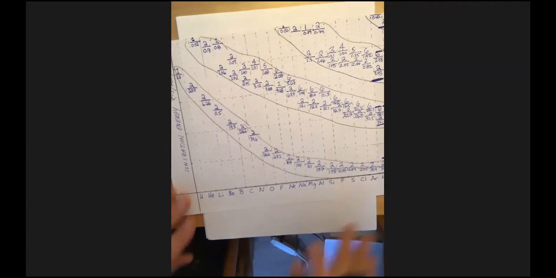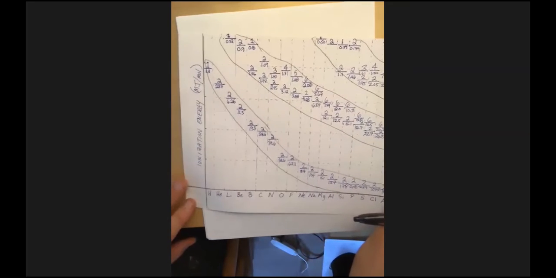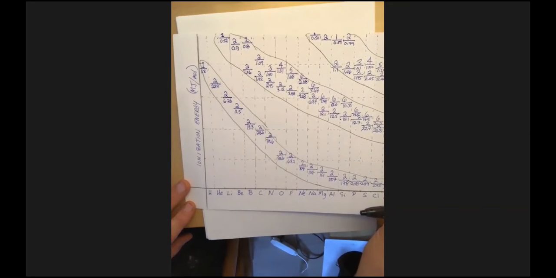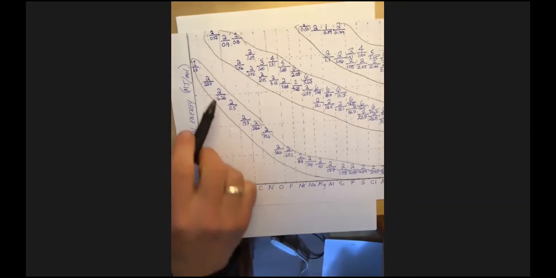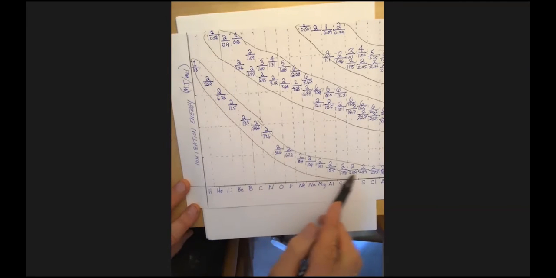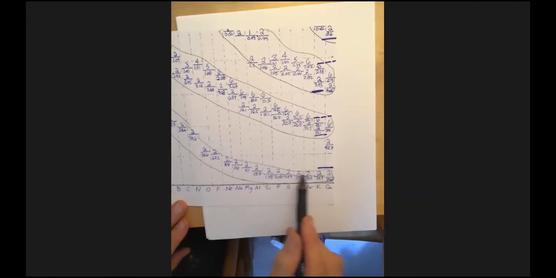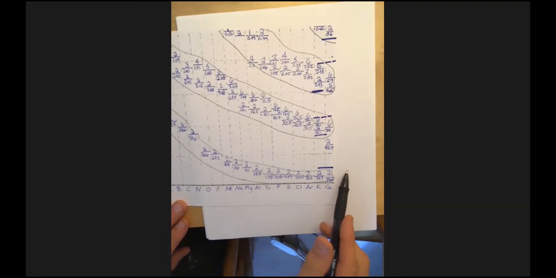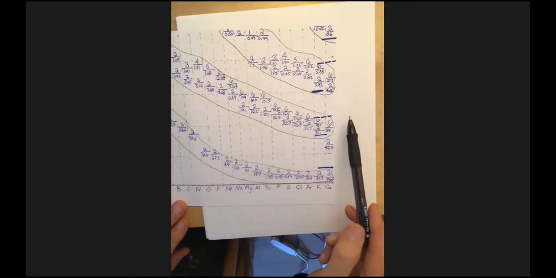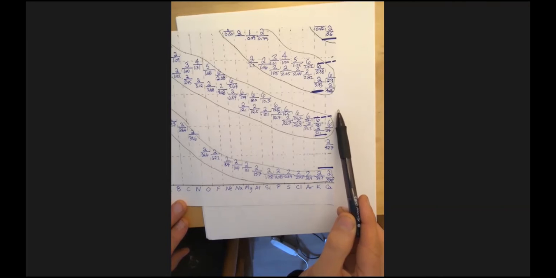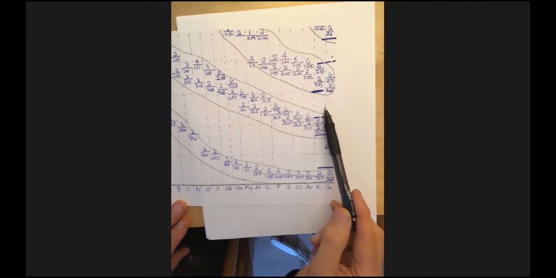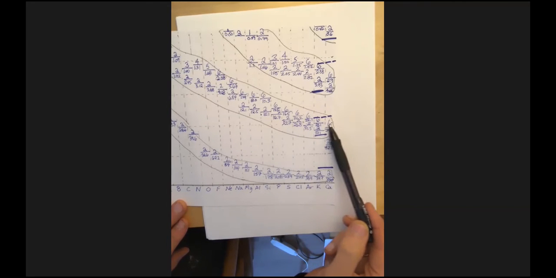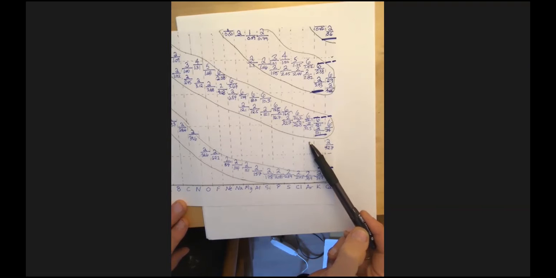Okay. So I want to go back for a second to the photoelectron spectroscopy. We saw when we were plotting this data that in this lower set of orbitals, the 1s orbitals, we can have a total of 2 electrons. And in the second level, the 2s and the 2p, you can have a total of 8 electrons.